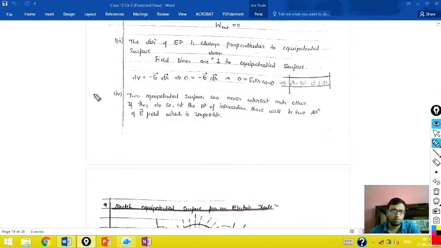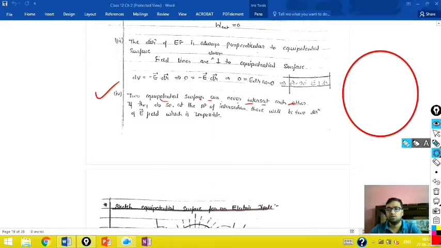One more important property that was left is that two equipotential surfaces can never intersect each other. You can understand this concept very easily. Suppose you have a positive charge, and due to this positive charge at some distance r your potential is kq upon r, and that value is 100 volt, suppose.